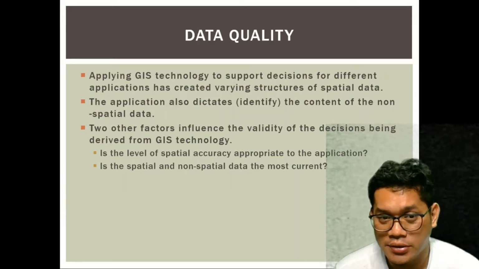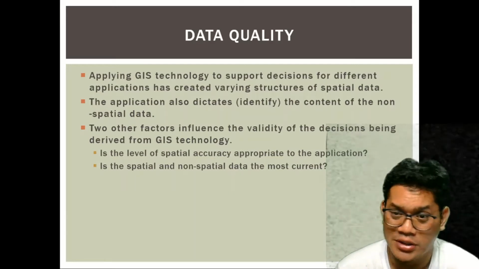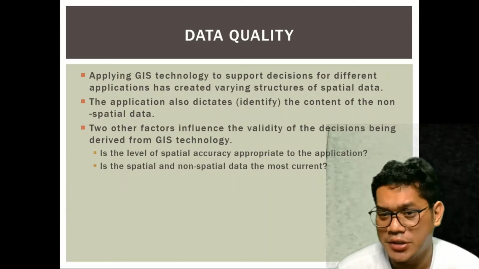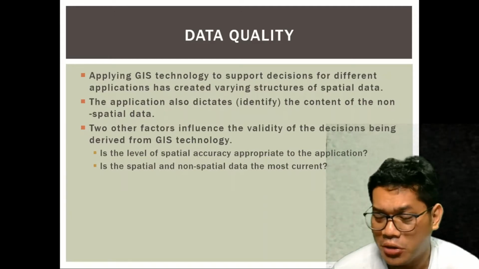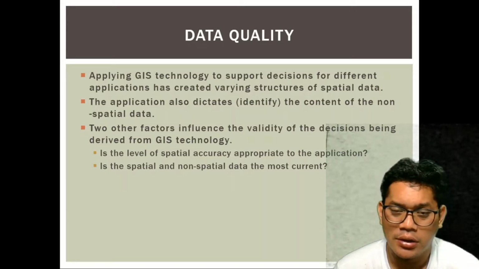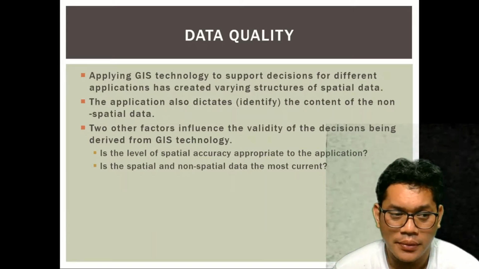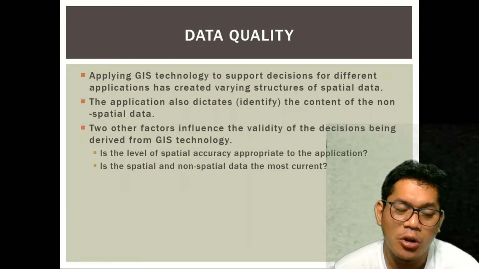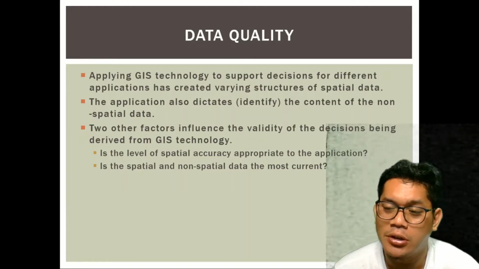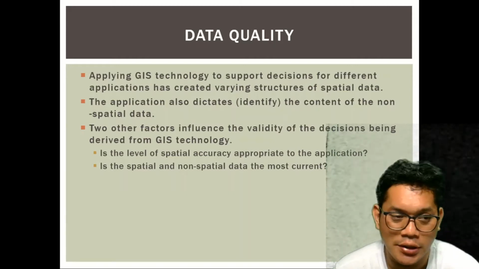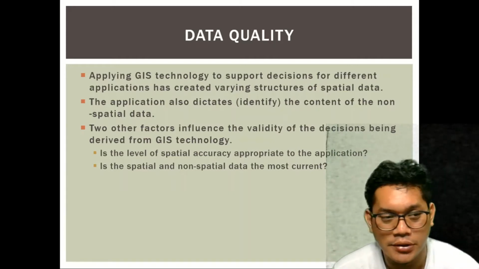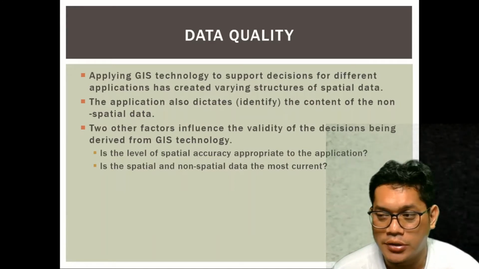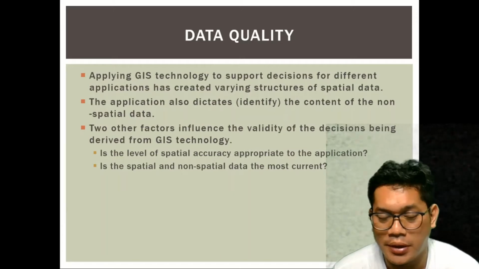Two other factors which influence the validity of the decisions derived from GIS technology are the level of spatial accuracy, which could be appropriate or not. Take an example. During this COVID-19 pandemic, GIS was used to determine the locality of persons under quarantine using the smart tech by our government.